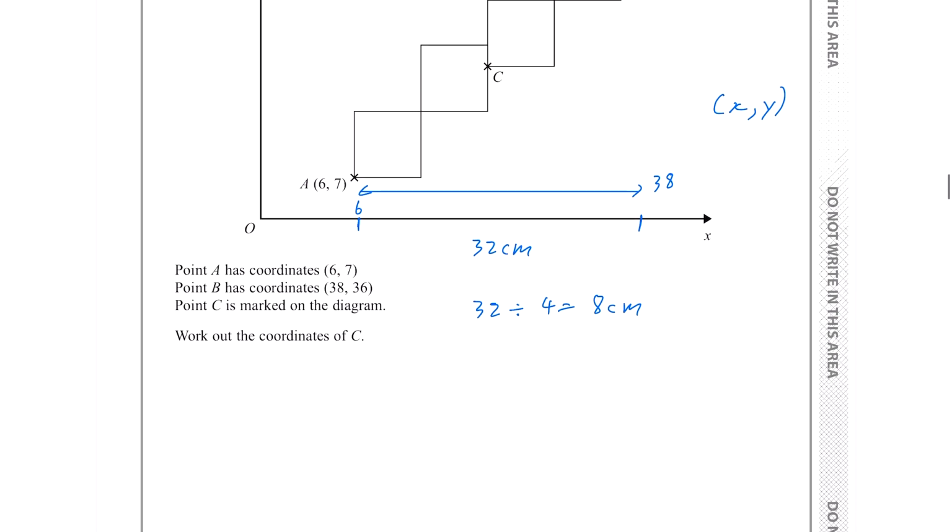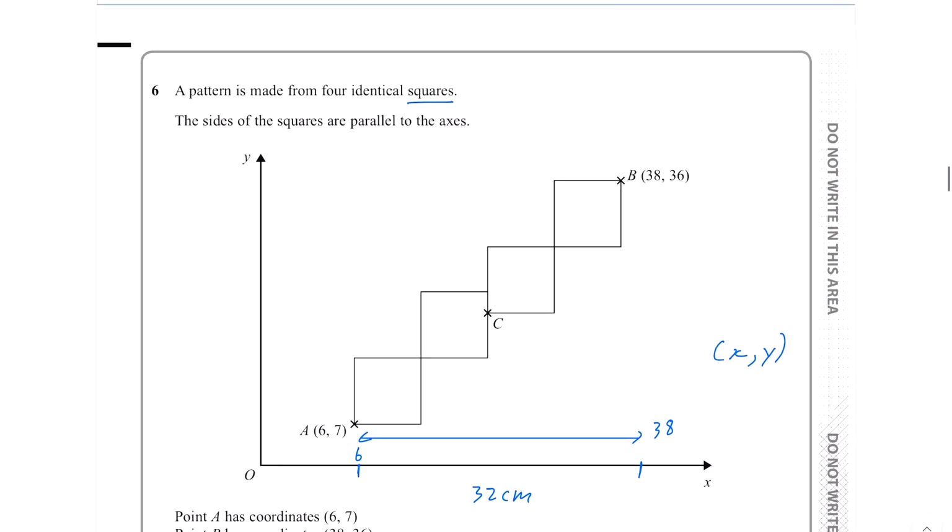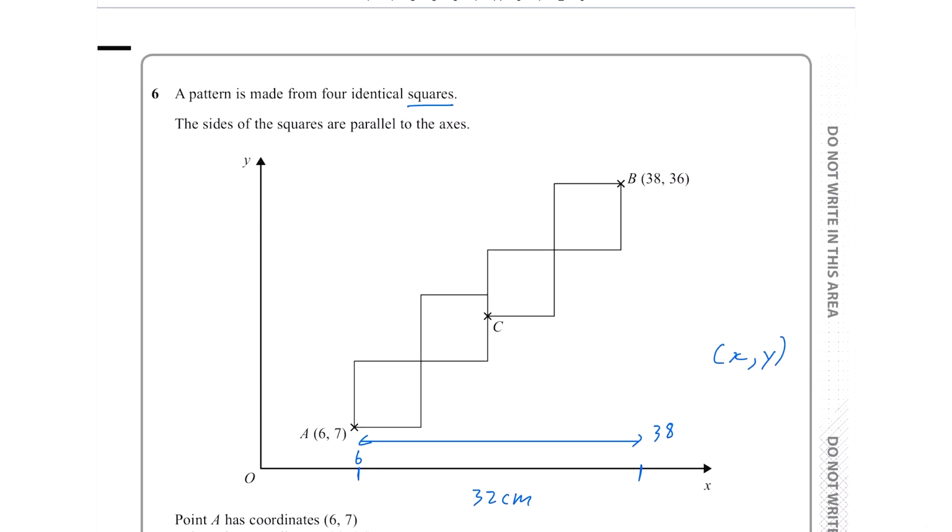So if I was to draw that here, so that means each of these squares looks something like, let me just draw that a little bit better. That means each of these squares looks something like 8, 8. So if I now come back up here and use a slightly different color, that means to get to C, from this point A, I need to go across by 1, which means I need to add 8, because each square, remember the base and the height of the square is 8, and then I need to add 8 again.